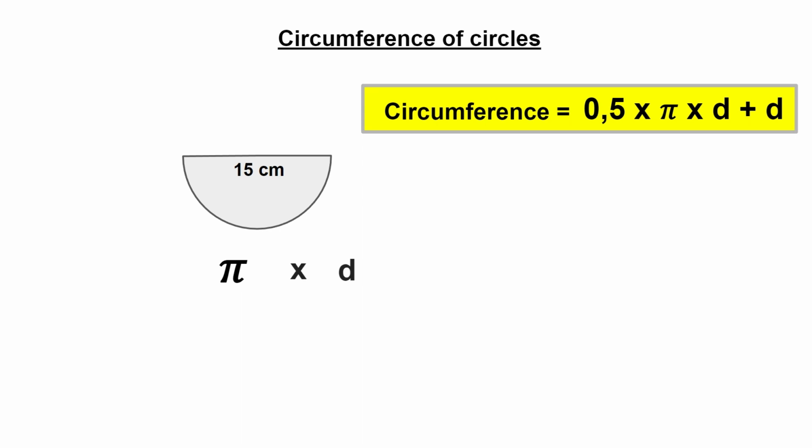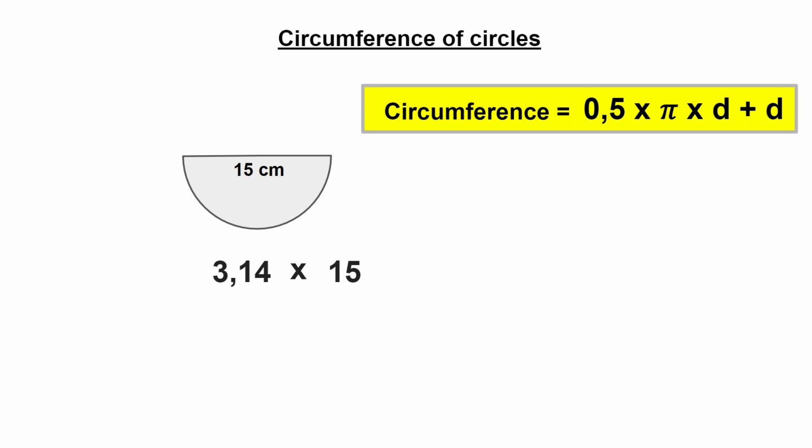So first, as you know, pi is 3.14 and the diameter of our circle is 15 centimeters. Now, since we're calculating the circumference of a half circle, let's make some changes to our formula so that we get the correct circumference.